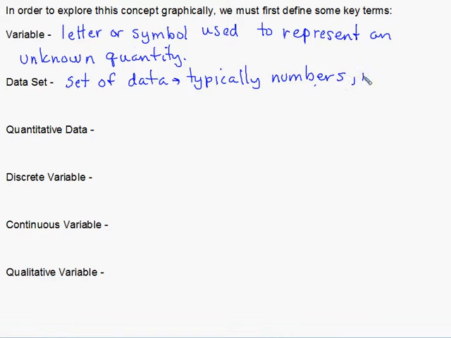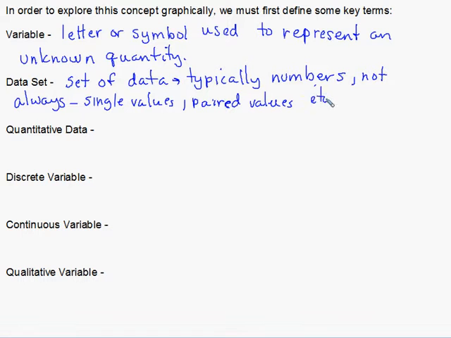And we can have either single values, or we can have paired values. For example, our X and Y coordinate pairs, etc.